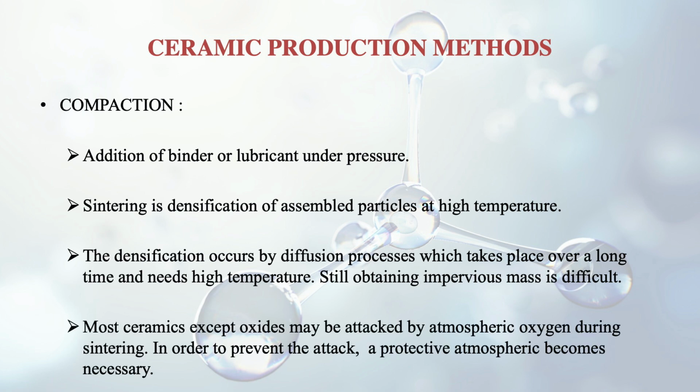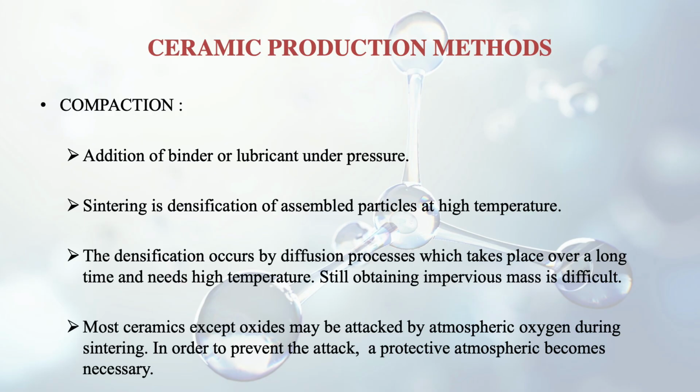Most ceramics except the oxides may be attacked by atmospheric oxygen during sintering. So this is one difficulty that we face during the sintering process: the ceramic is not that resistant to oxygen, so it may be attacked by oxygen. So we have to create a protective atmosphere to get a better product.